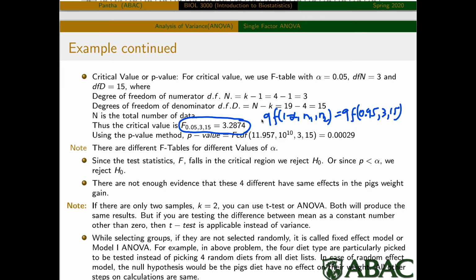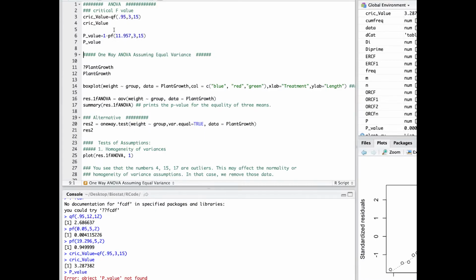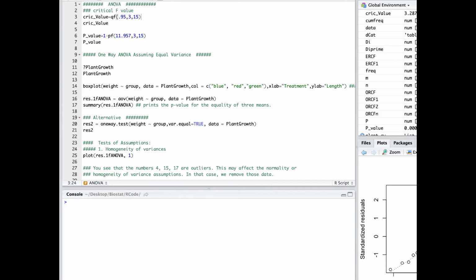If you do that in R, you will get the critical value. Let me clear the console and run that. If I run this, you will get the critical value 3.287382. That's what you get.